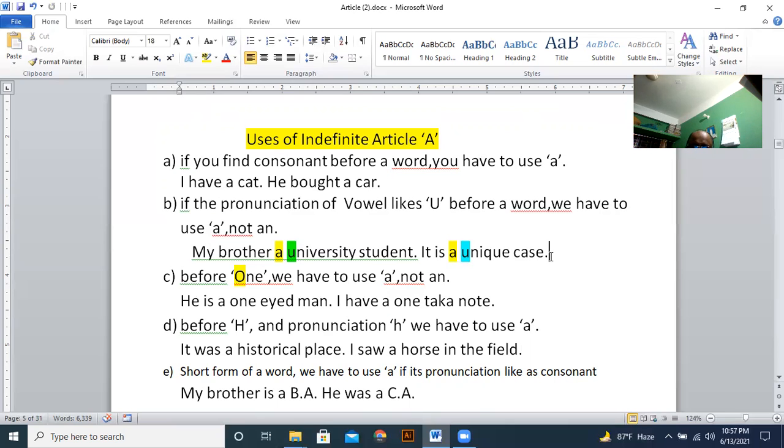Next class, I will discuss the rest of the articles. I hope you will stay home and study well. Save yourself, save your family, and save the country. Thank you, everyone.